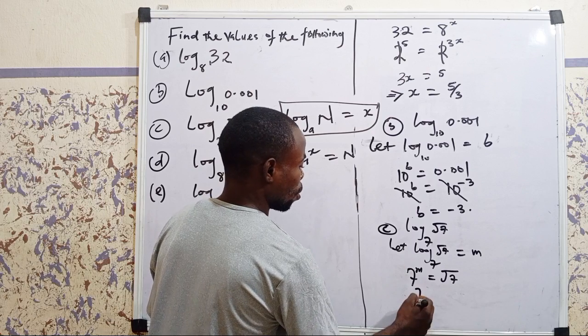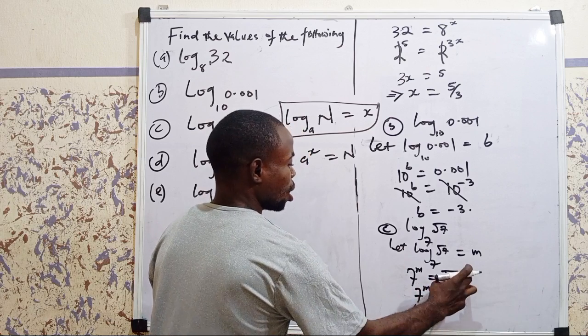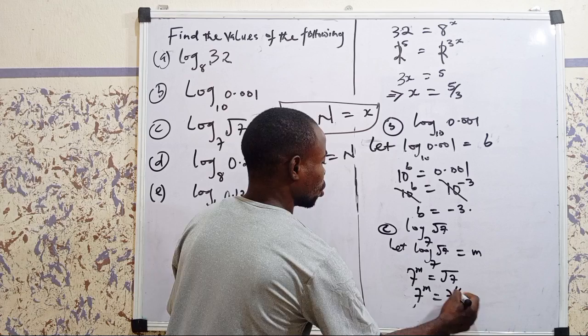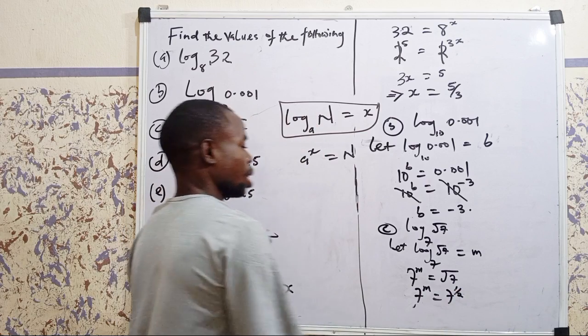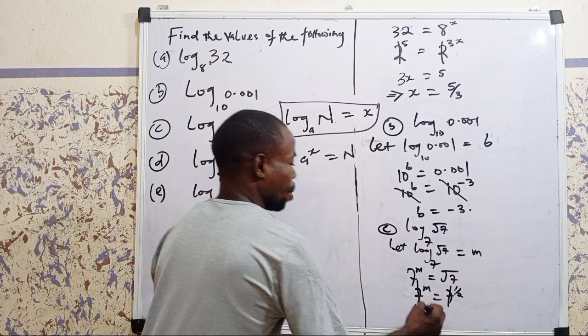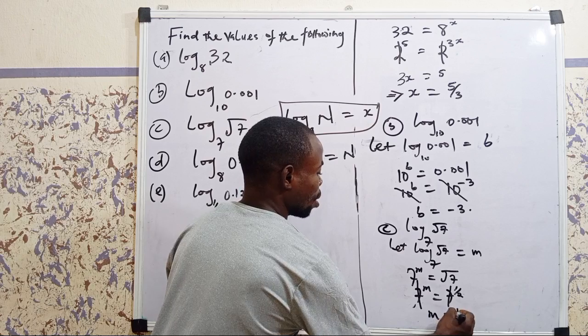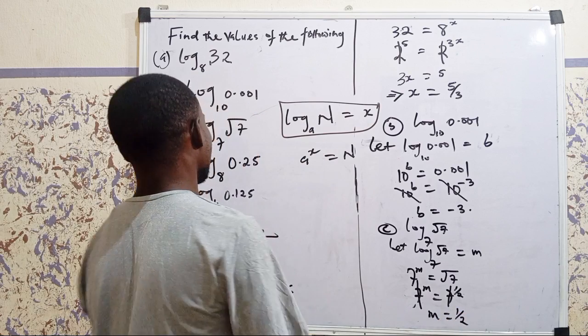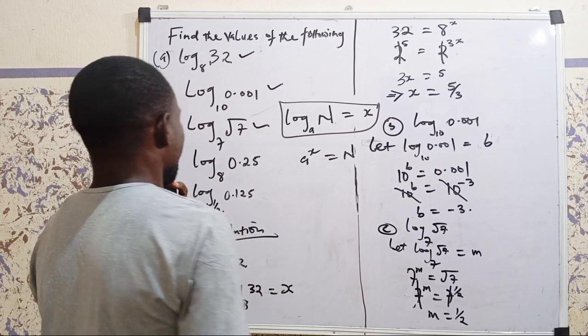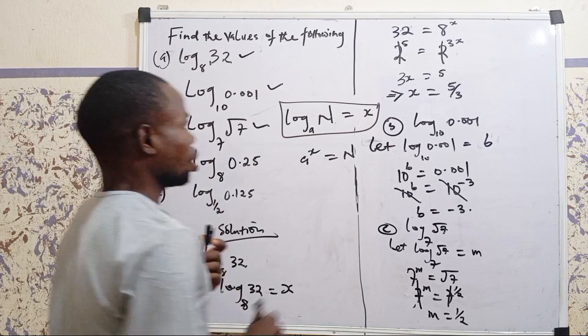So let me write what I have here: 7 power m, and we write root 7 as 7 power 1 over 2. Since they have the same base, we can cancel, and you equate the power, so m is equal to 1 over 2. So we have solved this, and let's go ahead to solve d.